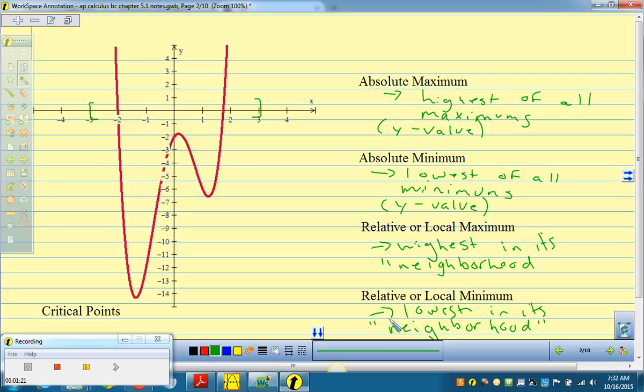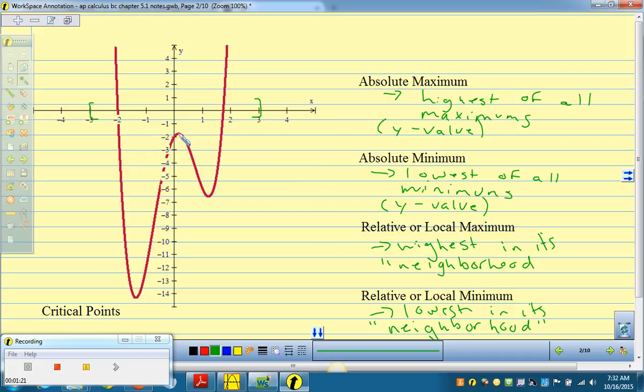point. Okay? All right. So, tell me about the derivative, because now we'll dive into calculus. Tell me about the derivative at any of our maximums and minimums that we see here. The derivative is 0.